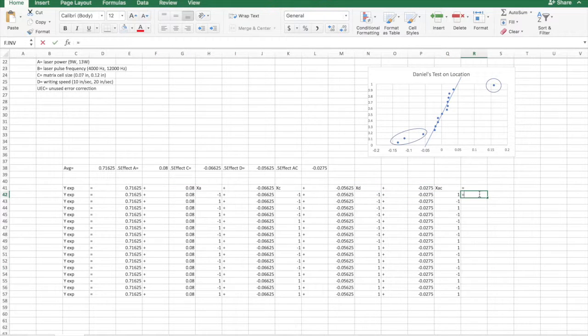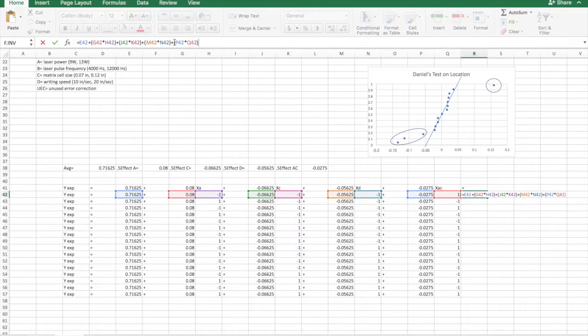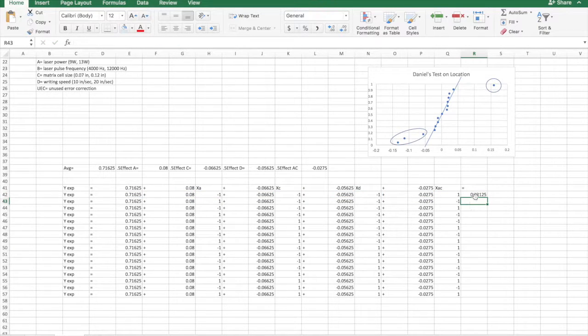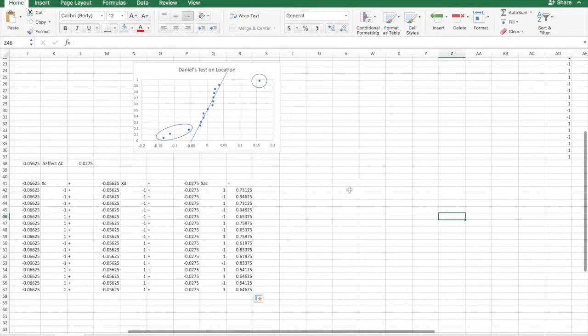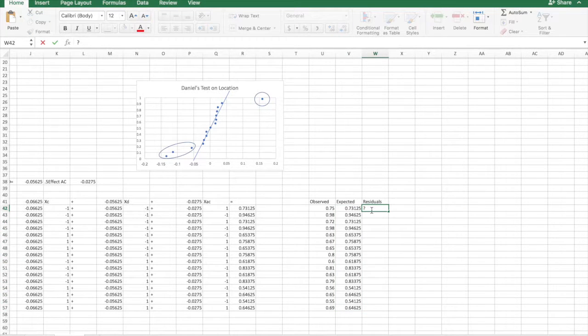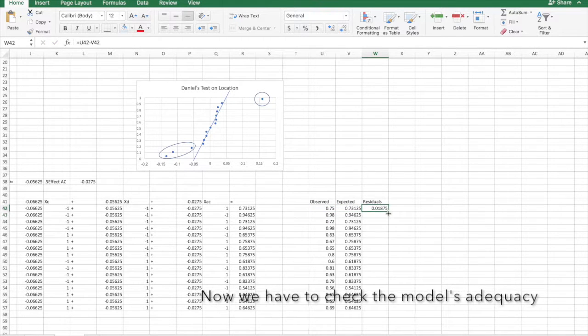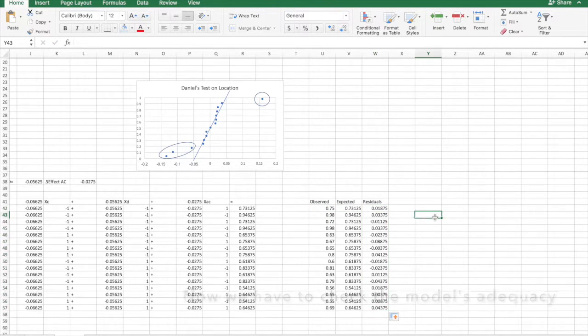So in here, this is going to be equals this plus this times this plus this times this. Okay, and this is our expected values. Now to get the residuals, we have to do the observed minus the expected, and we obtain our residuals.